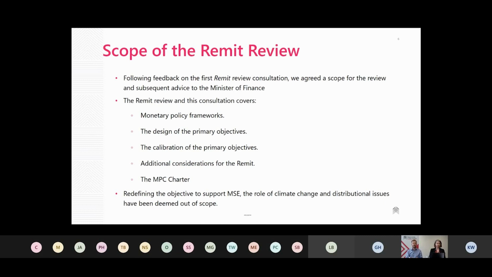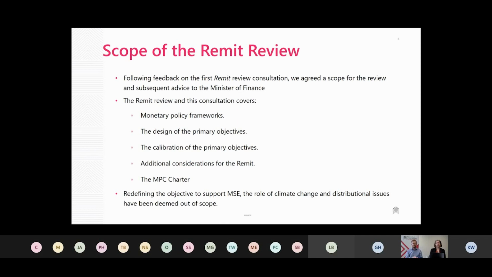Then we'll talk about how we think the primary objectives should be designed and also the calibration of those primary objectives. We'll finish off with a discussion about what additional considerations should be in the remit. And we'll also talk through the Monetary Policy Committee Charter, the document that governs the communication and decision-making for the committee.